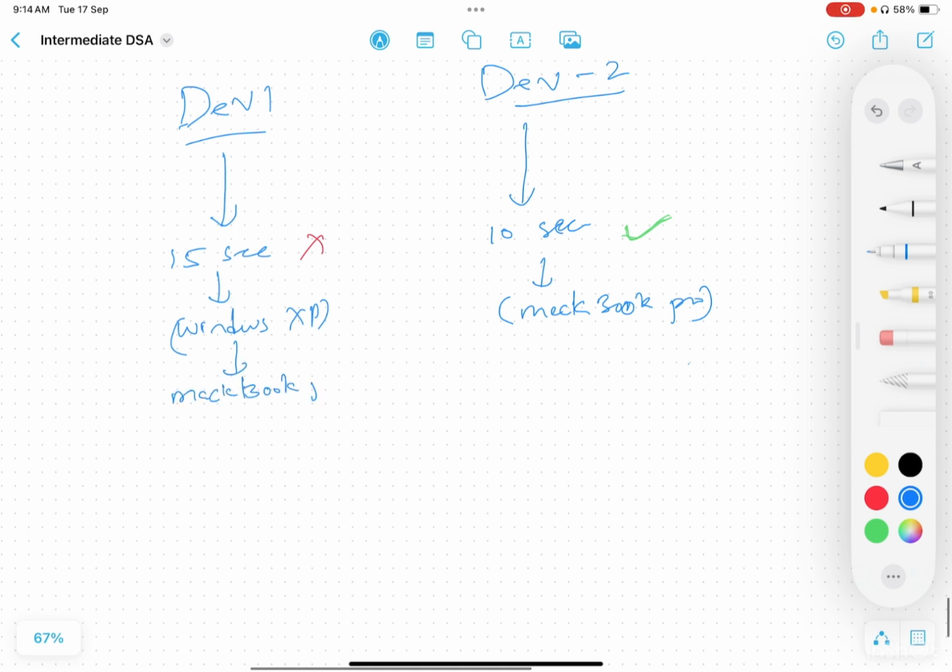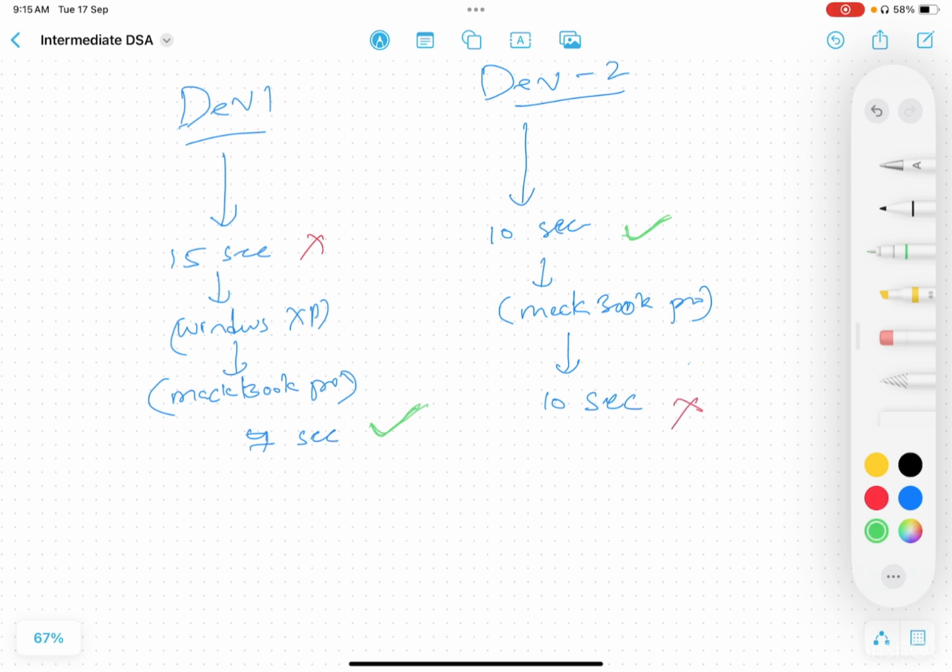Okay. And no offense, I'm just comparing some versions. And the execution time comes to, let's say, 7 seconds. But he also executed in MacBook Pro. The execution time is 10 seconds. So whose code is optimized now? Execution time is less. So I would say dev 1 and we'll reject dev 2.